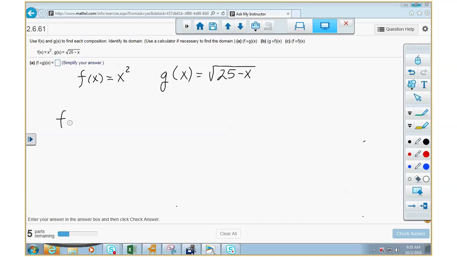F composed of g means that we're going to rewrite f right here with a big set of parentheses. So rewrite this with a big set of parentheses, and we're going to plug in what? We're going to plug in g.